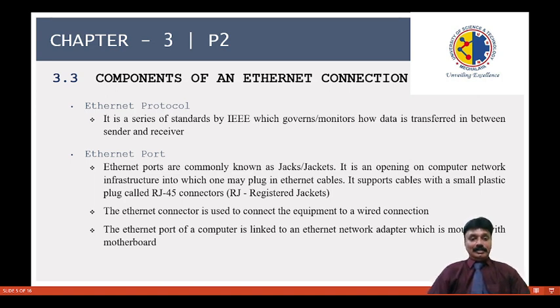So while studying the network interface card, we have studied the LAN cable connector, that is the RJ connector, that will be connected with the network interface card. Then the network interface card will be connected to the processor and memory of a computer.